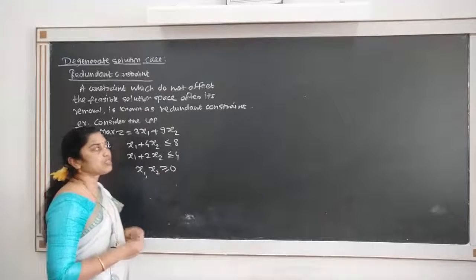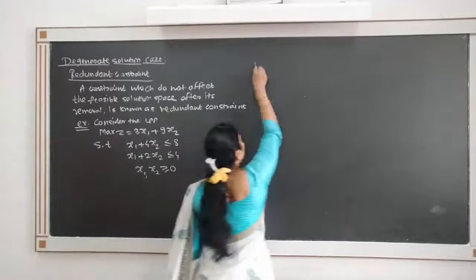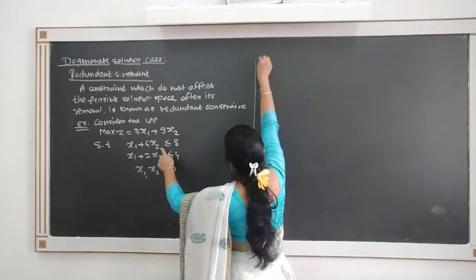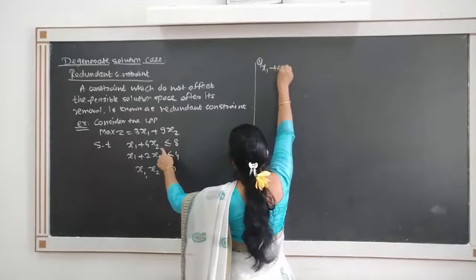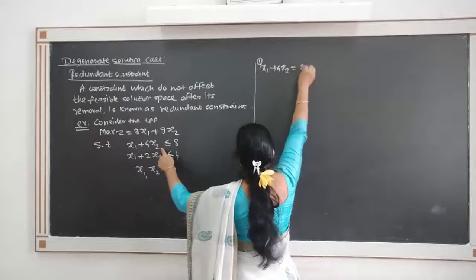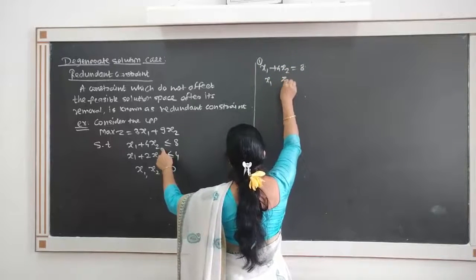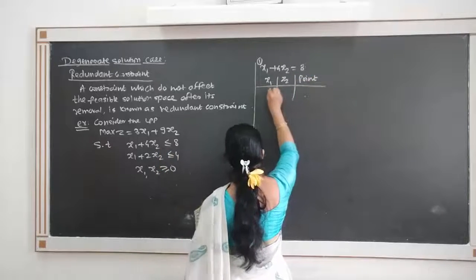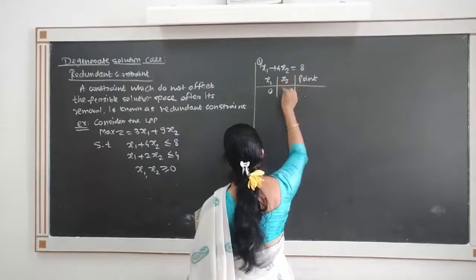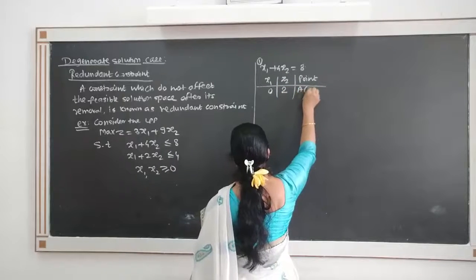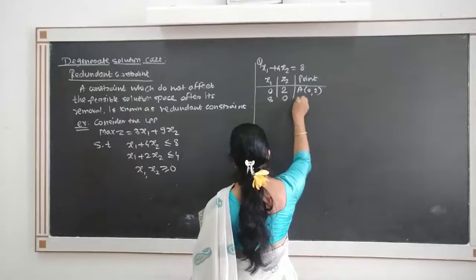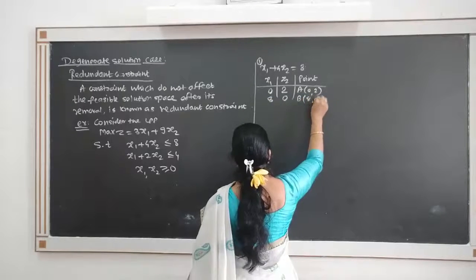Try to solve this graphically. To solve it graphically, we will write down the constraints as equations. So the first equation becomes x1 plus 4x2 is equal to 8. Find the points for x1, x2 values. So if you put x1 equal to 0, we get x2 is equal to 2. The point becomes 0, 2. If x2 is equal to 0, x1 is equal to 8, the point becomes 8, 0.